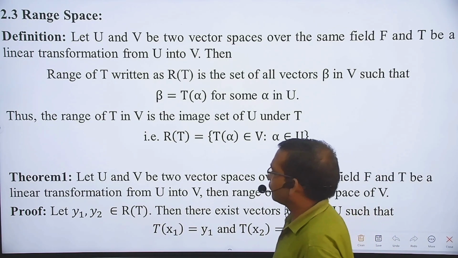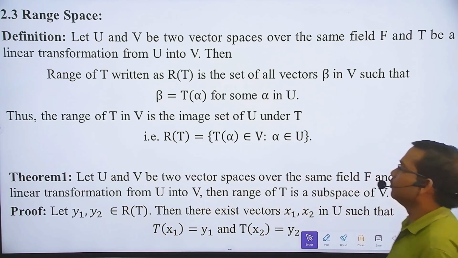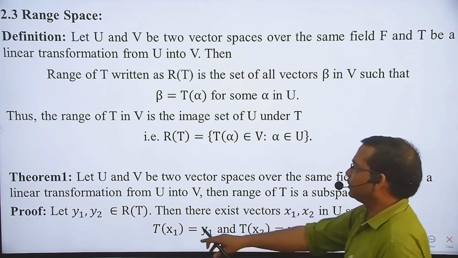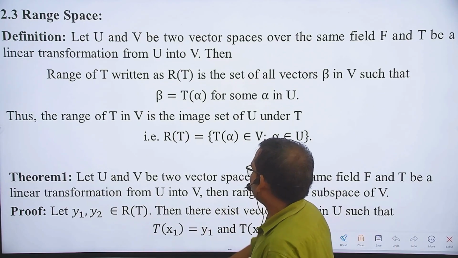For the proof, let y1, y2 be two elements belonging to the range space, the range set R(T).